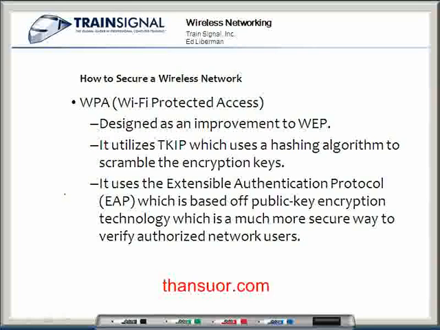Although I will tell you that when you set up WPA, you need to put what's called a passphrase, and that passphrase can be hacked. So what you want to do is make sure that that phrase is, just like with your passwords on any computer, very long, has numbers and letters and possibly symbols, and is as complicated as you can make it.